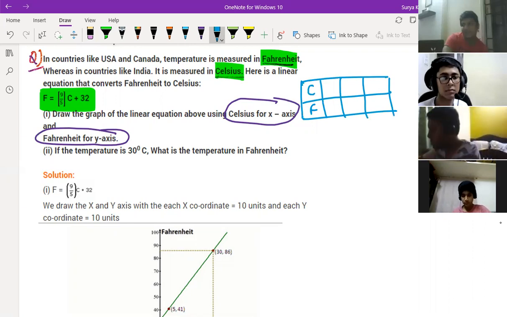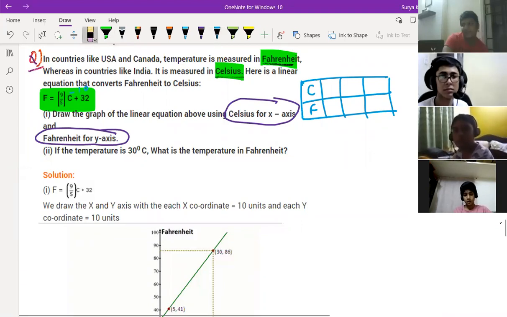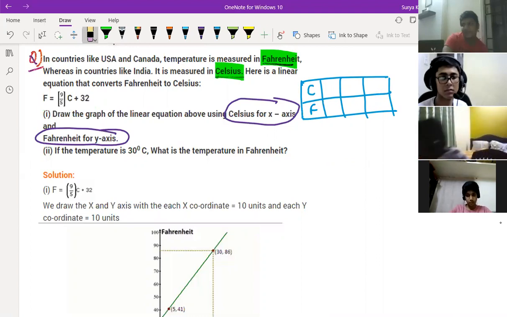See here, if you take Celsius equal to 5, then 5 will get cancelled, right? So 9 plus 32 you can get directly. Or better, you can put -5 also, or -10 also. It's your wish; try to keep it minimal so you get the answer easily. Suppose you take C equal to 5, so 5 will get cancelled.